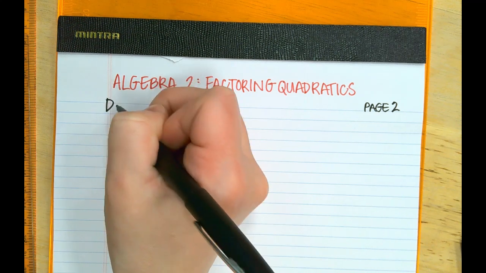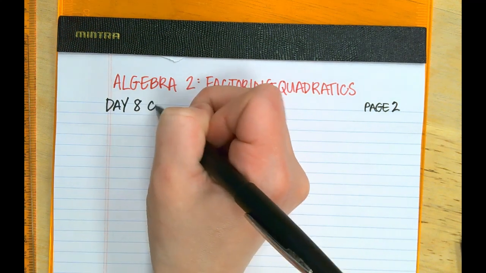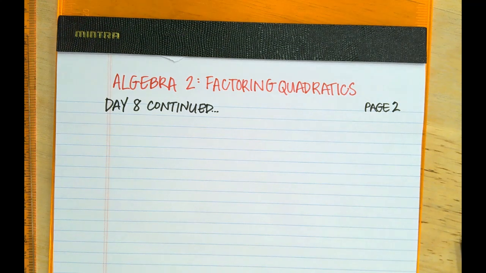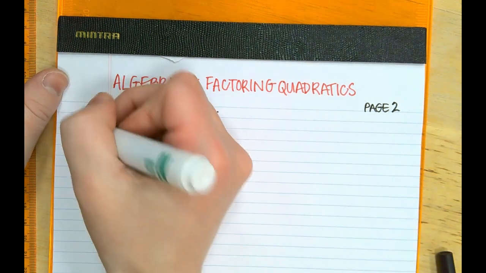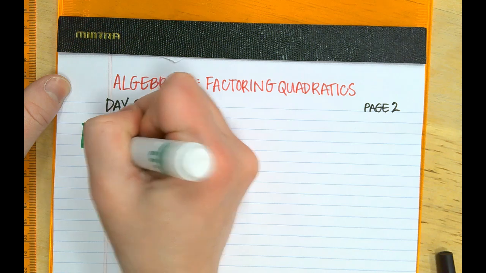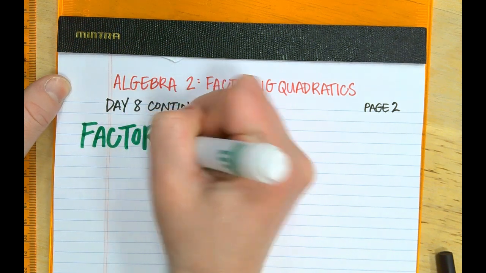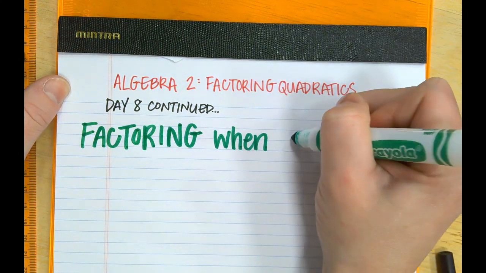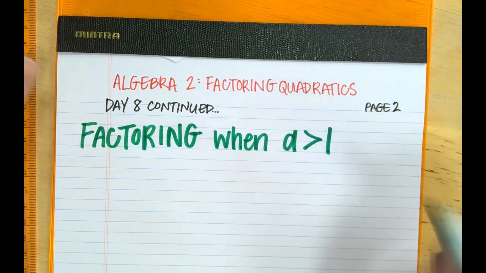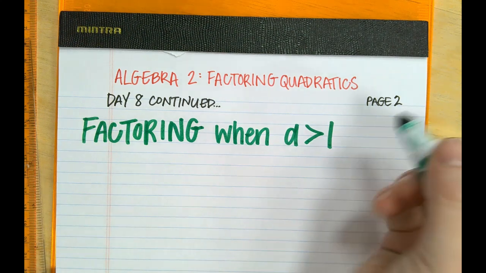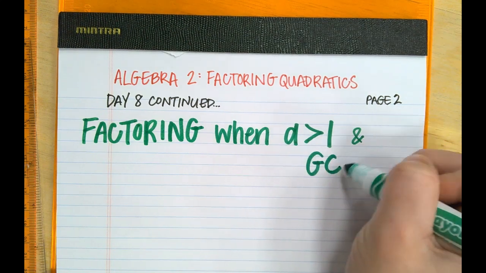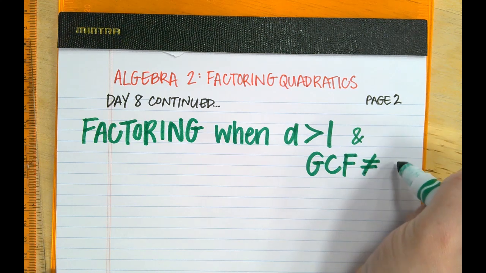And day 8, continued. So I'm going to call this factoring when A is greater than 1 and GCF is not equal to A.